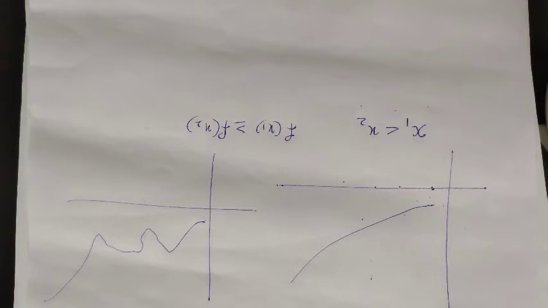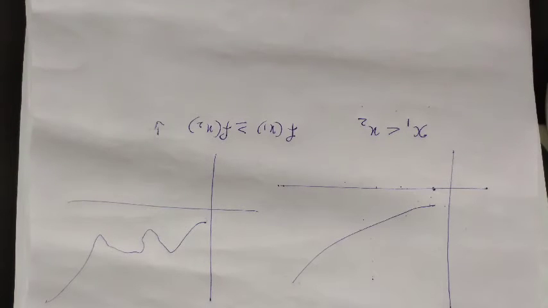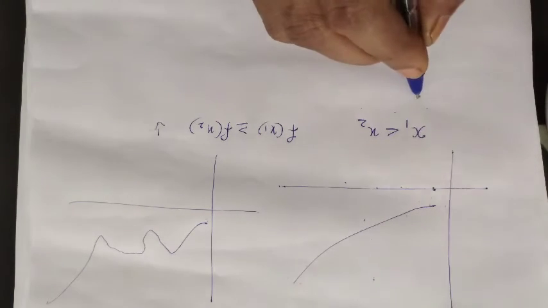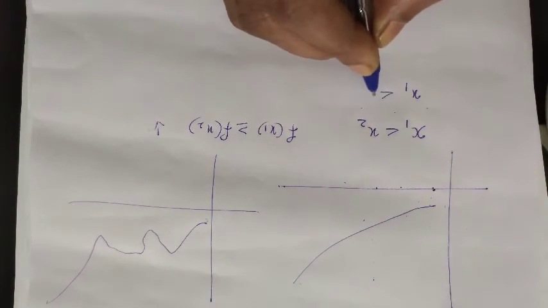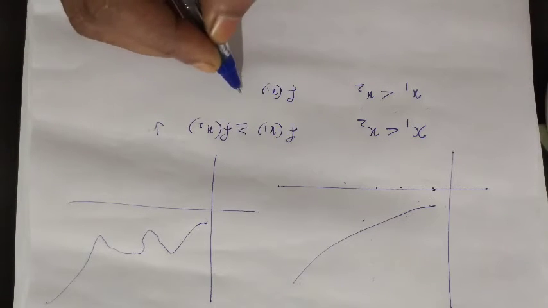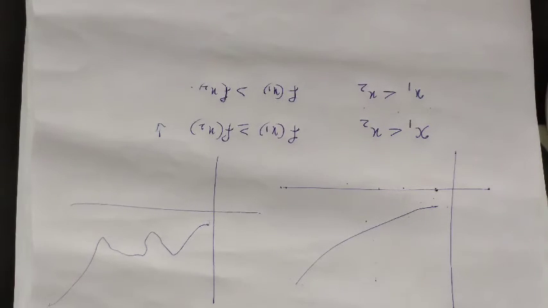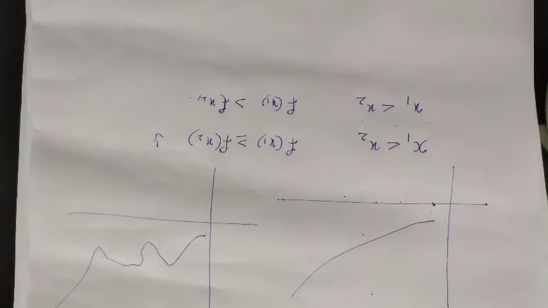It is the opposite change. The image and the value have opposite changes. It is called a decreasing function. And if x1 is less than x2 and f of x1 is strictly greater than f of x2, it is called strictly decreasing.